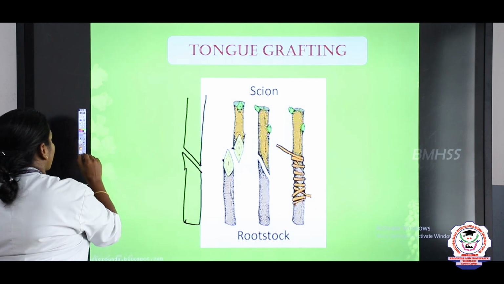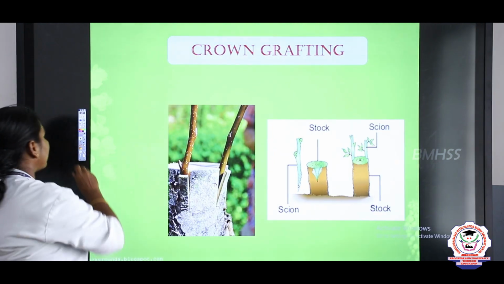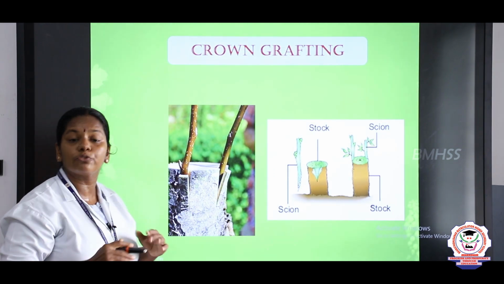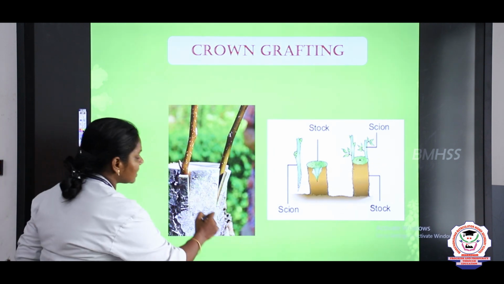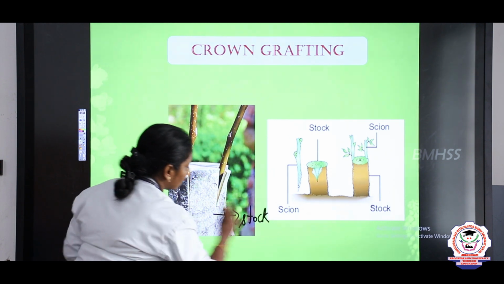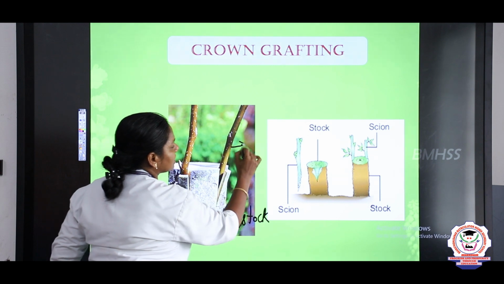And next we are going to study crown grafting. What do you mean by crown grafting, children? Just look at this picture. Two different plants of different thickness. Just imagine this. This is a stalk which is rooted and is very huge in size. It is larger in size, and this is the scion.